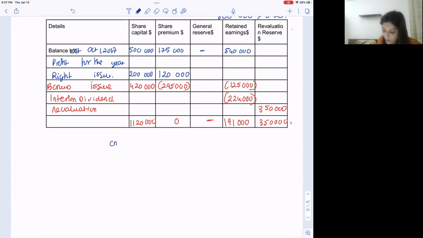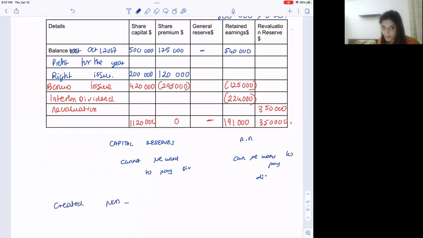Capital reserves cannot be used to pay dividend. Revenue reserve can be used to pay dividend. Capital reserves are created from non-trading activities, and revenue reserves are created via trading activities.